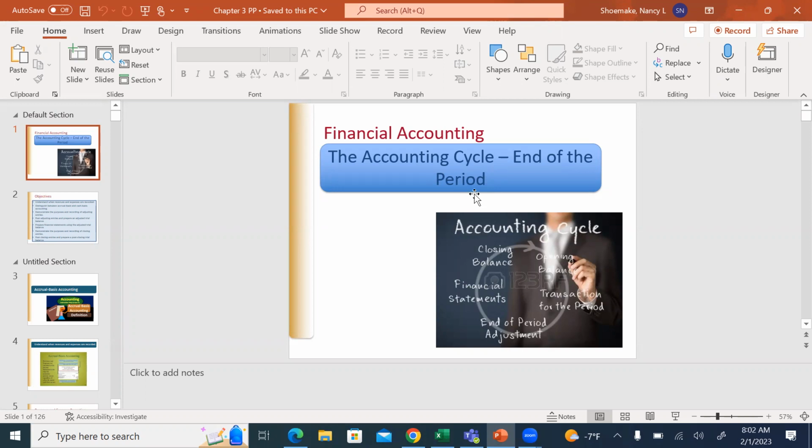But at the end of the period, there are some things that have happened within the company that we need to adjust, such as interest income that hasn't been reported, interest expense from loans, supplies, or prepaid rent or prepaid advertising. Do you remember all that?